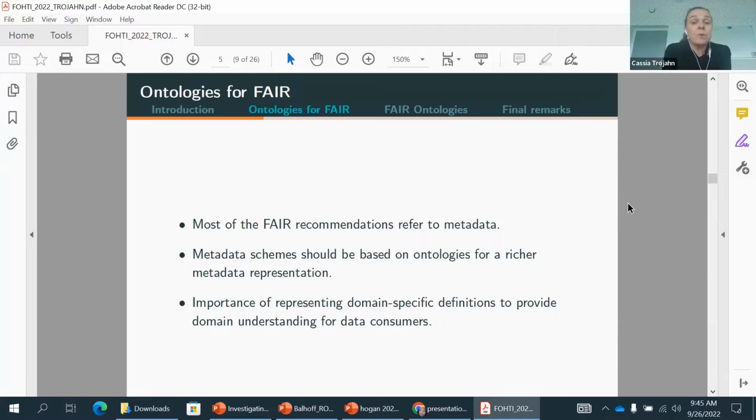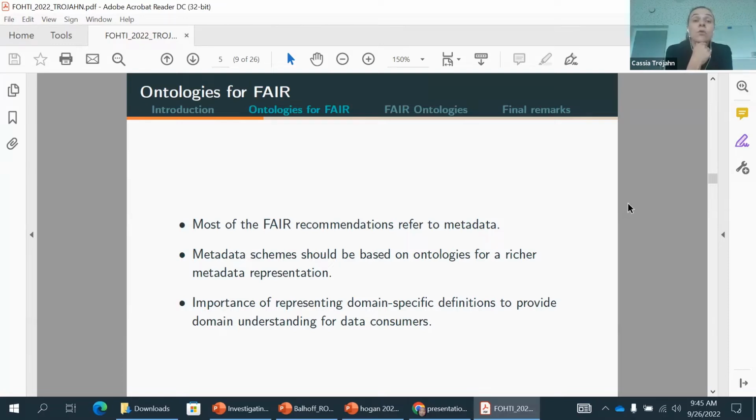Most of the FAIR recommendations rely on or refer to metadata. And in order to have rich metadata, in the sense of describing the semantics behind what you are describing and providing a conceptual formalization and representation of the data, you need to have rich descriptions.